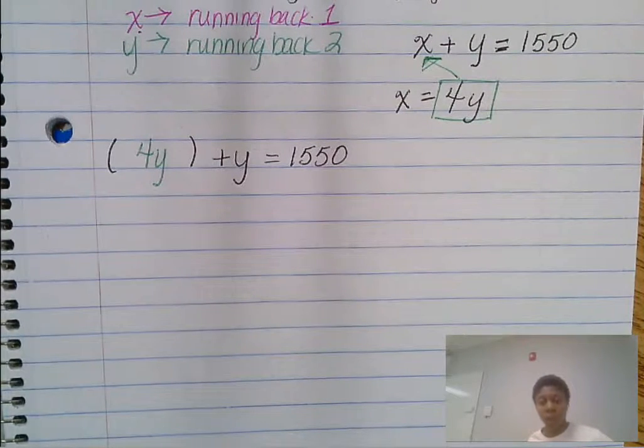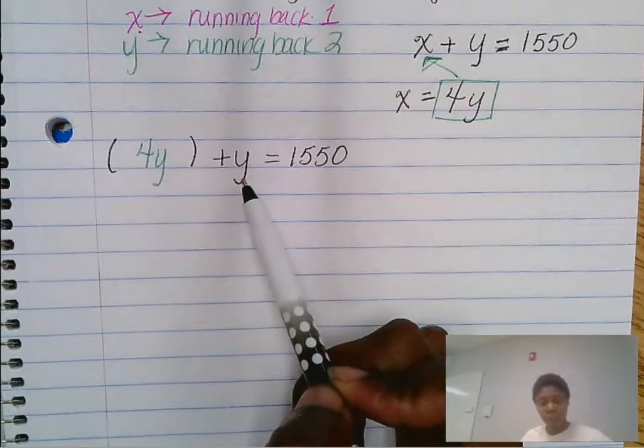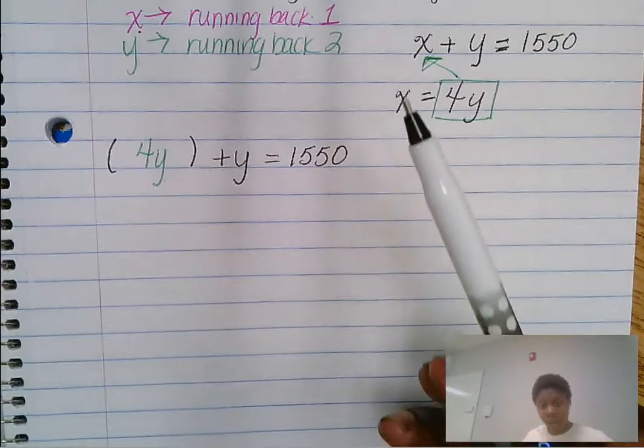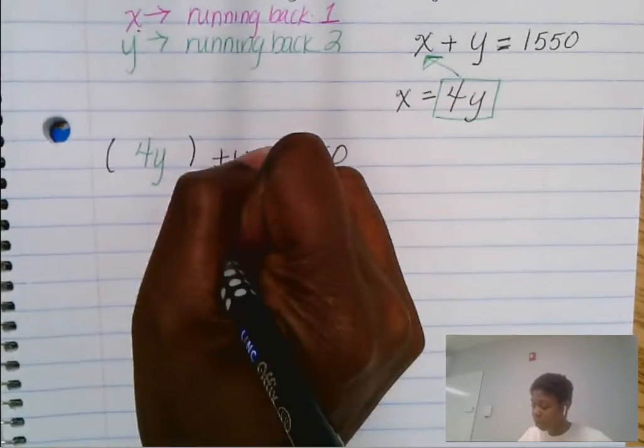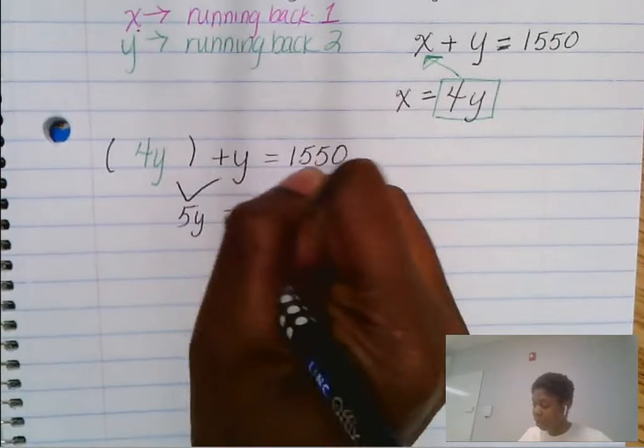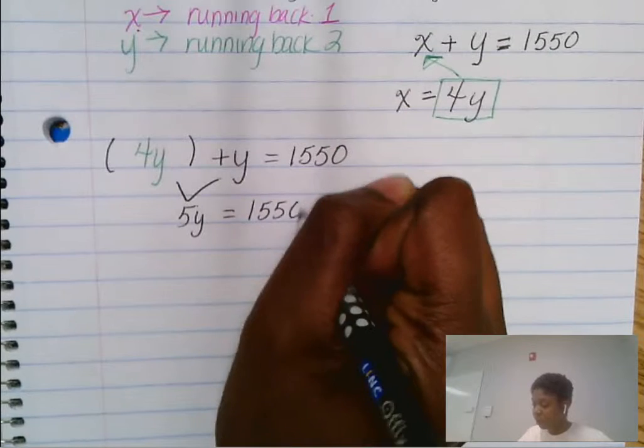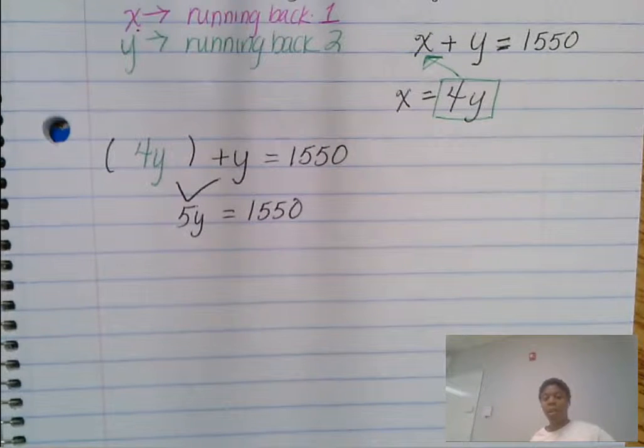And now we solve. We look for any distribution. We don't have any. Now we look to see if we can combine any like terms. Since we have a 4Y and a Y here, and they're on the exact same side, we can go ahead and combine these two to give us 5Y equals 1,550. Now, we're going to add or subtract any constants that we have.